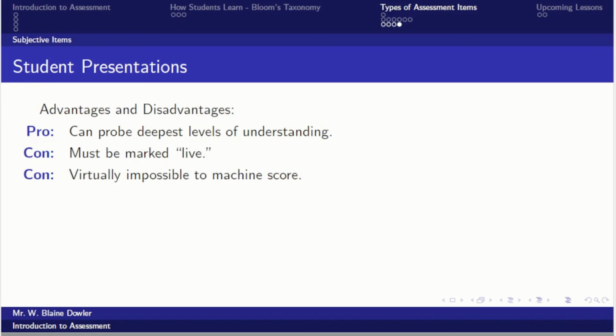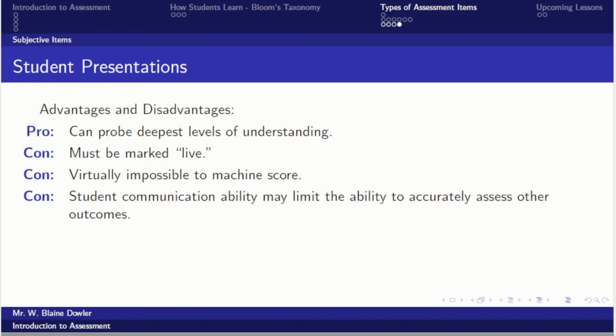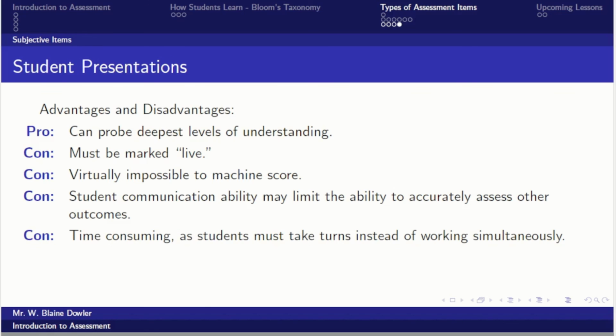Again, machine scoring is pretty much out. You can have students who struggle to communicate in a given language that limits their ability to accurately convey their level of understanding of the outcomes we're looking at. It can be time-consuming to do it in class. A written test can be done by the entire class simultaneously, but student presentations, they need to take turns.